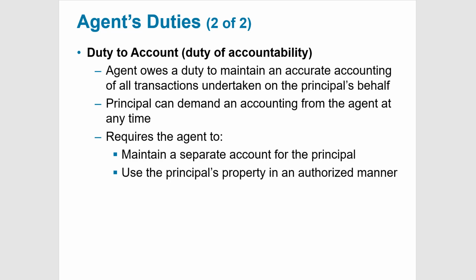So at any point, I, the principal, can demand an accounting from the agent. This requires that the agent maintain a separate account for the principal so that we can have this accurate accounting. And we also have to use the principal's property in an authorized manner. Okay, so not acting outside of the scope of my authority.